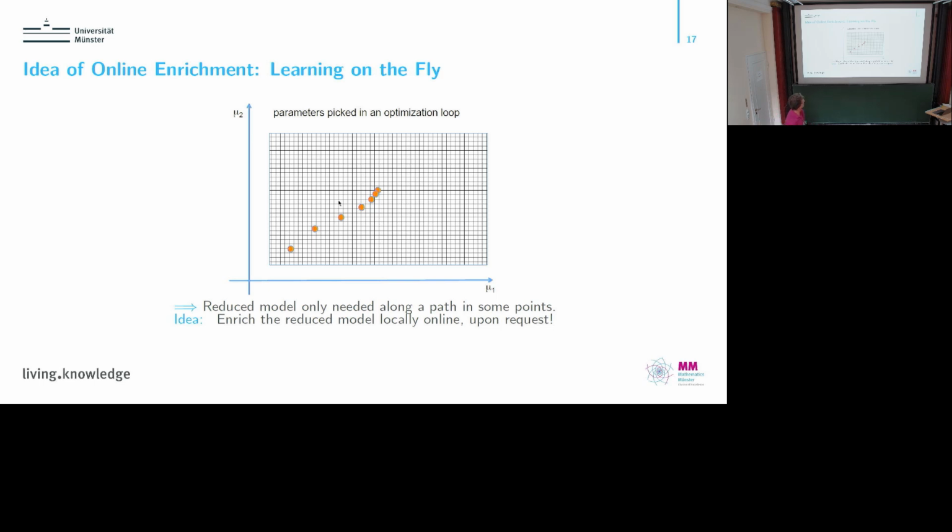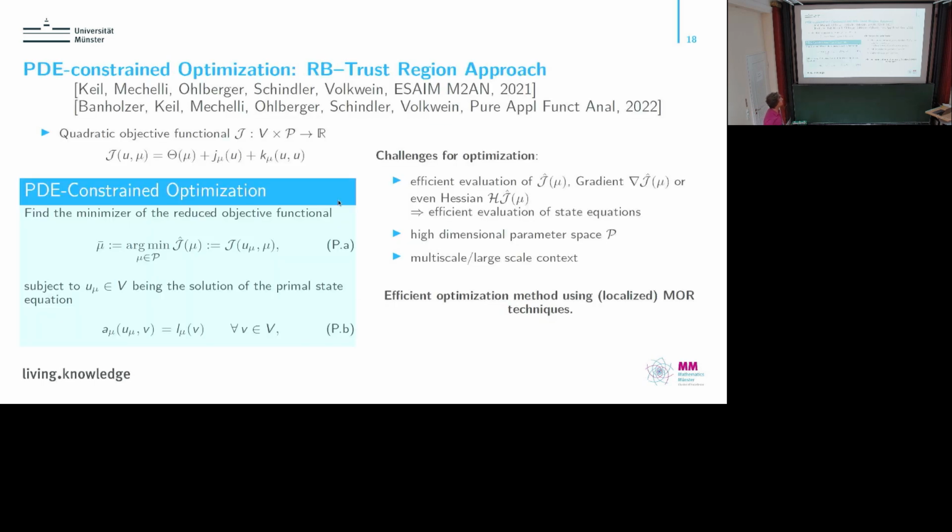This is the major point, and what we do now is that we follow this optimization path, and whenever we compute a finite element solution, we learn from this and enrich our reduced model while going in the outer optimization loop. And the question is, how can you frame this and get also some rigorous analysis for that?